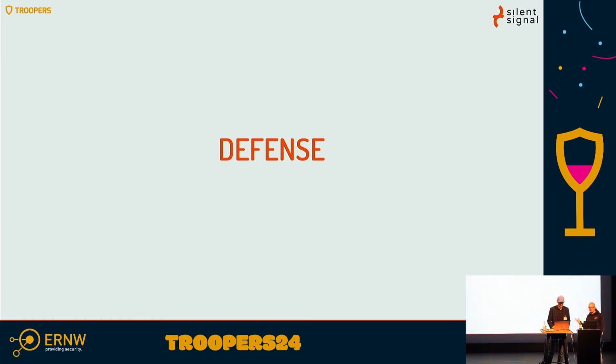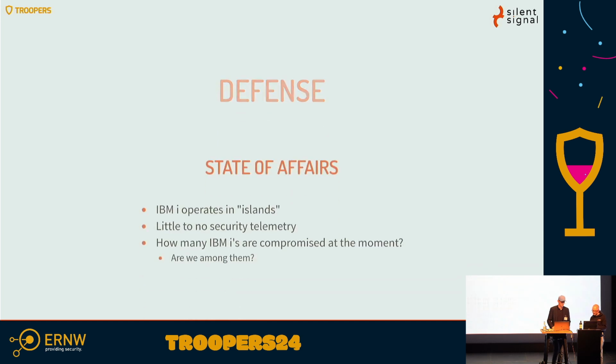So you're probably wondering what defenders can do to prevent the compromise of their IBM i systems, and honestly, we are attackers. This is the attack research track, so we are not really going into details, but I try to give you some ideas or ways to think about.